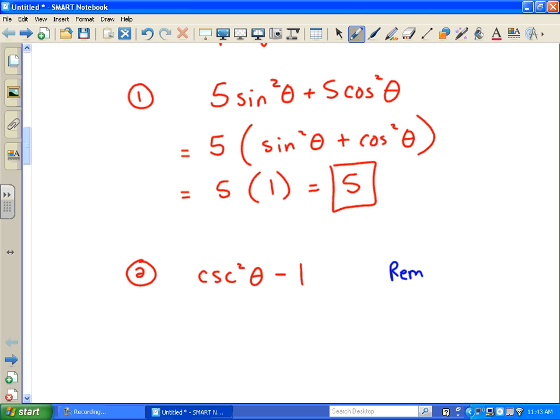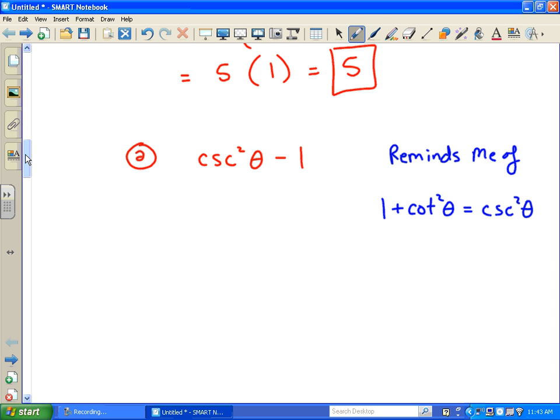So I'm going to write out here to the side, it reminds me of the identity that says 1 plus cotangent squared theta equals cosecant squared theta. And what I can do is take that identity and do algebra with it, and if I can rearrange it to somehow match what I have up above, then I can rewrite it as the other side.